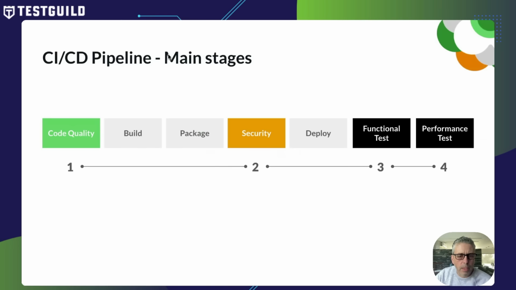Basically, this is a pretty simple pipeline, which is composed of different stages, but before and even in between these main stages of deploying a solution, like build the code, package, and deploy, we will include different stages that are important for the quality, including quality scan of the code, security scanning, functional testing, and performance testing.